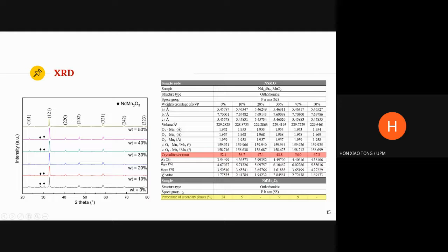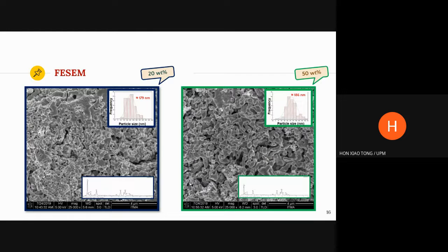Besides, the percentages of secondary phases for 10%, 30%, and 40% are 5 and 9 respectively. In addition, the crystalline size also generally increased after we did the calculation using the Scherrer equation. And the result is in line with the FESEM analysis, where the average particle sizes obtained for 20% and 50% are 179 nanometers and 186 nanometers respectively.